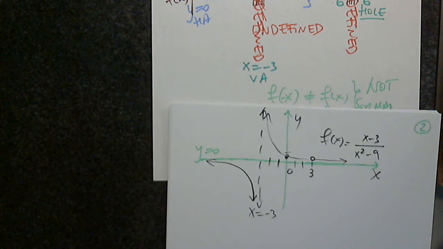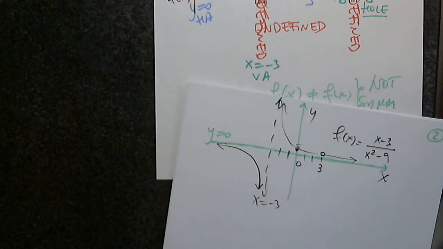Yes? So what would be like a real life application of this? Like, you have these holes. Is there anything like that? It only says that the function is undefined at that point. It's a very good question. I can't think of a particular application in real life of this, other than when we determine a function that works for most of the points, but it doesn't work for some of them.